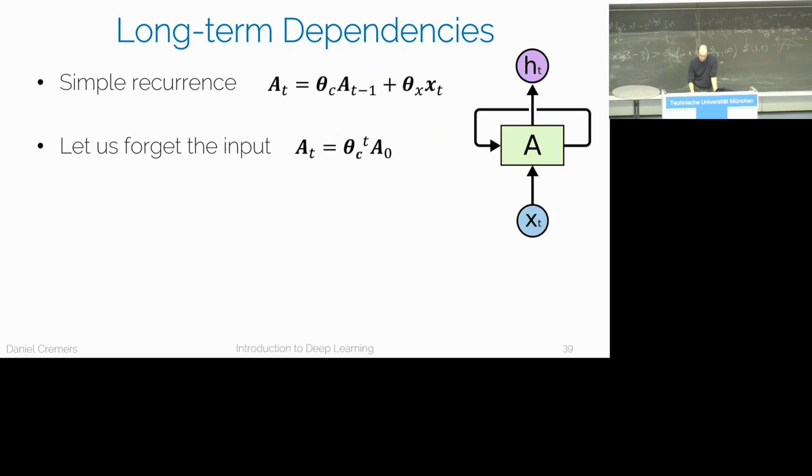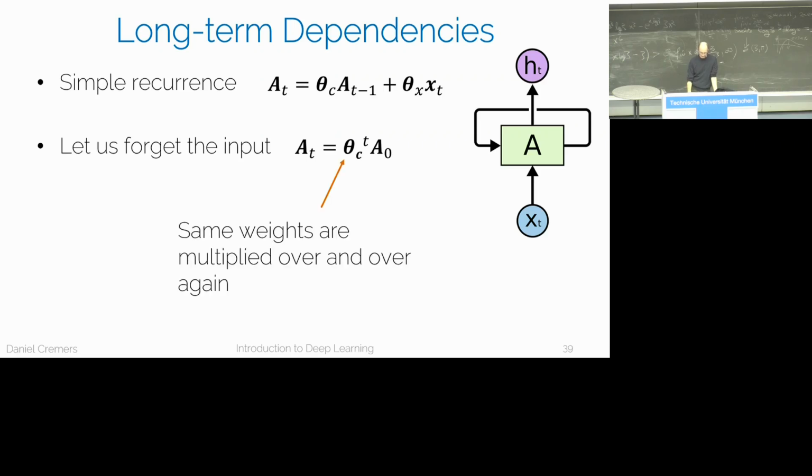If we ignore that external input and just say the state at time t depends on the previous state, and that in turn depends on the previous state, so we have this theta to the power of t times the initial state. And so we have these weights, and they are multiplied over and over again. And if we have 100 steps in the time series, then we have theta to the power of 100.